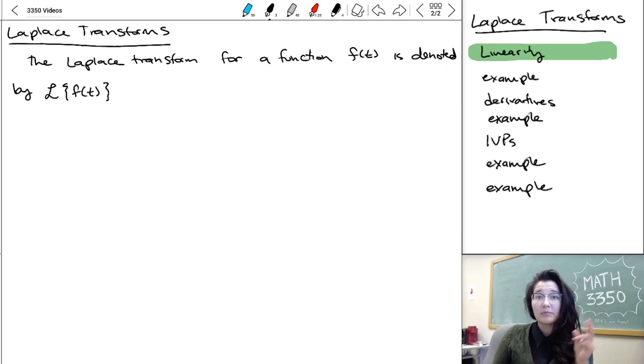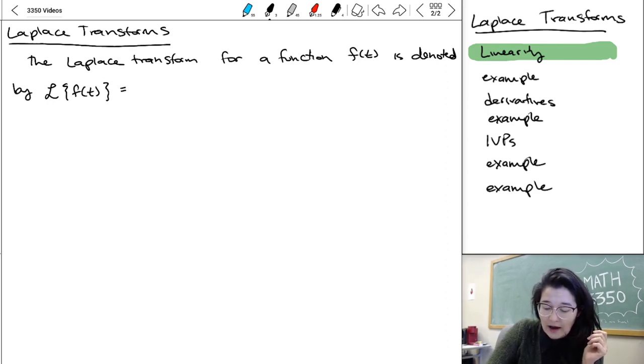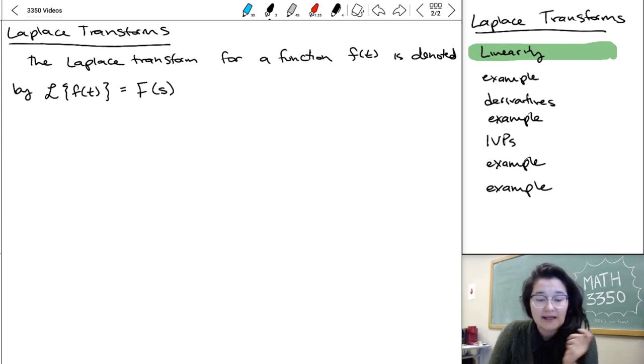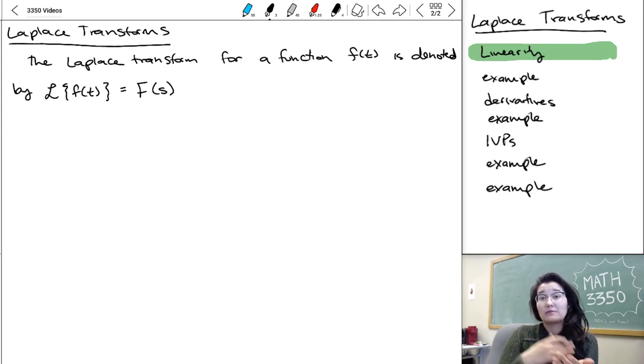So that's applying the Laplace transform to f, and we'll denote the output of the Laplace transform as capital F of s. So we'll just use little letters to denote functions that live in t space like we're used to, and then capital letters to denote functions that live in s space where Laplace transforms move them.